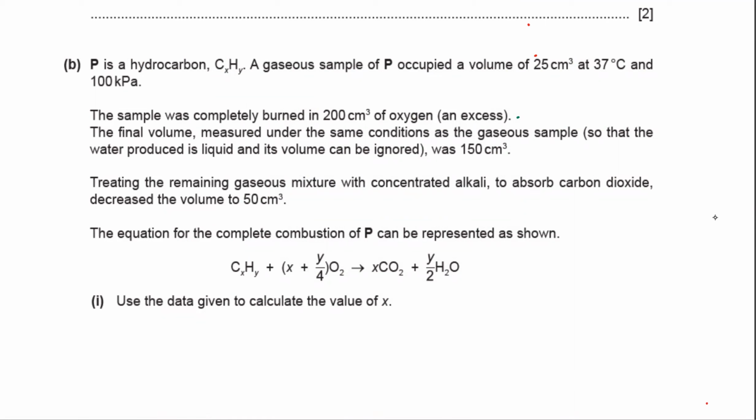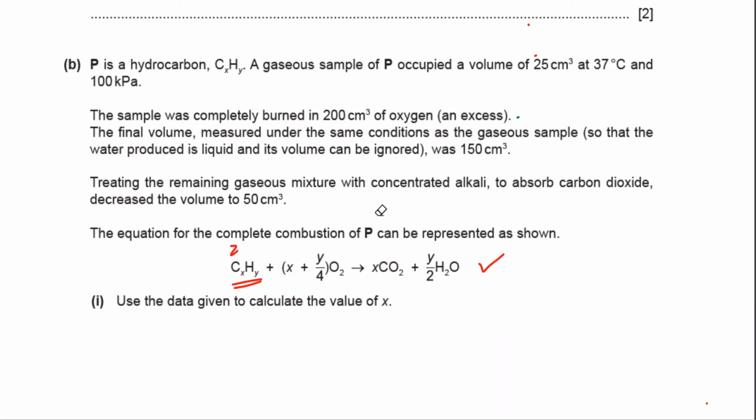Remember, an unknown hydrocarbon, the equation is balanced in this way. The way is shown on the screen. So the question states, there is 25 cm cube of a gaseous sample of P, this CxHy. So they've stated that this is 25 cm cube.